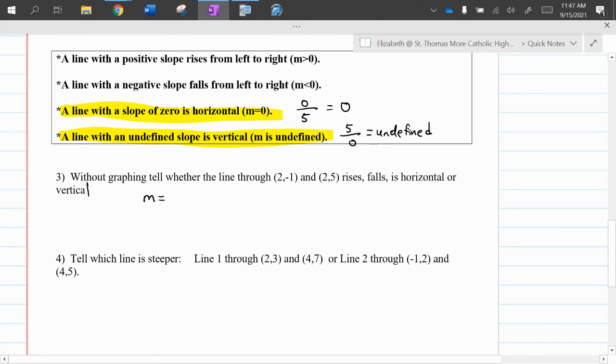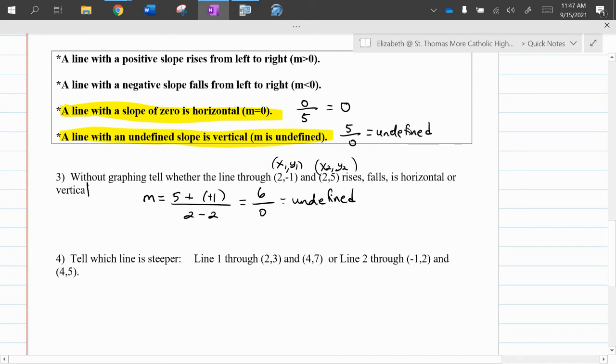So I'm going to find the slope that passes through these two points. Label our points x1, y1, and x2, y2. So I'm going to say y2 minus y1 divided by x2 minus x1. So I get 5 plus 1, which is 6, divided by 0. 6 divided by 0 is undefined. 0 is the only number we can't divide by.